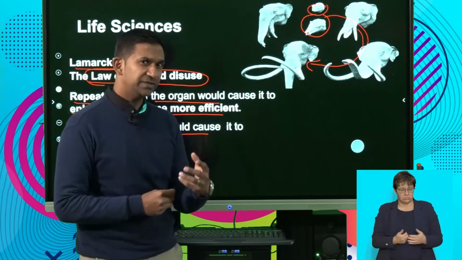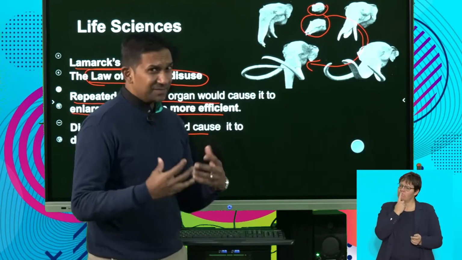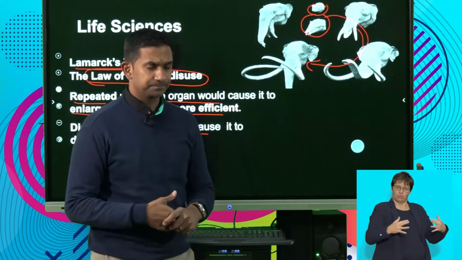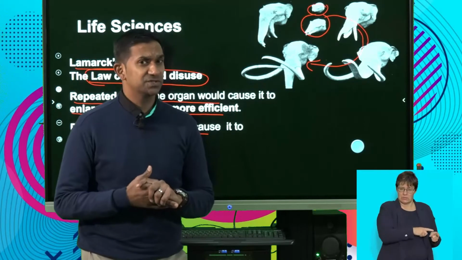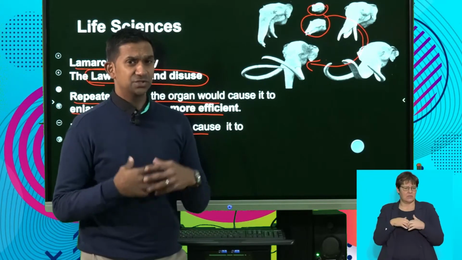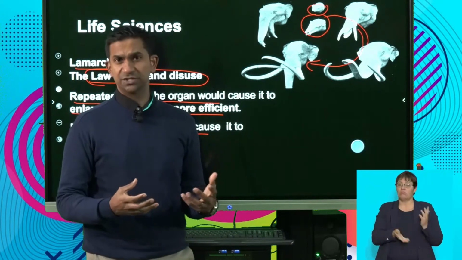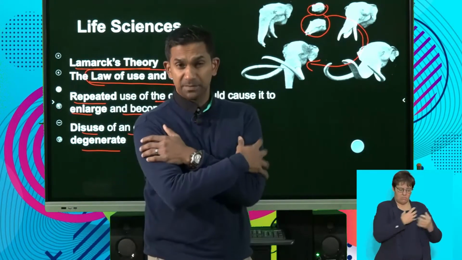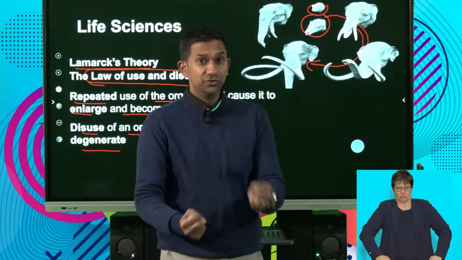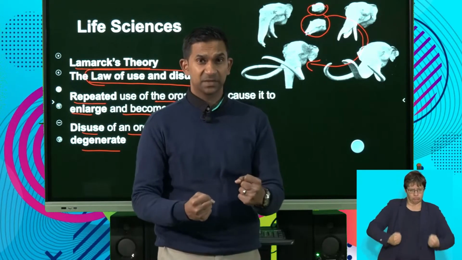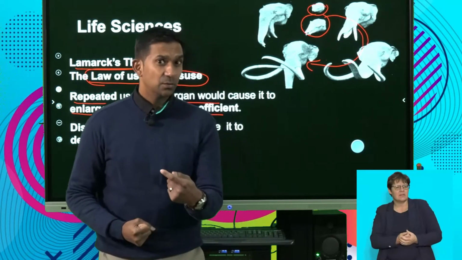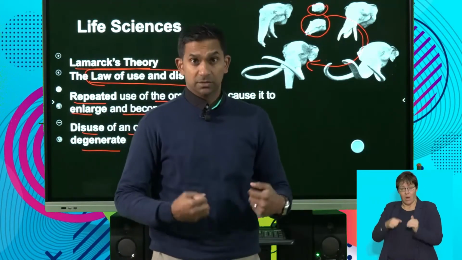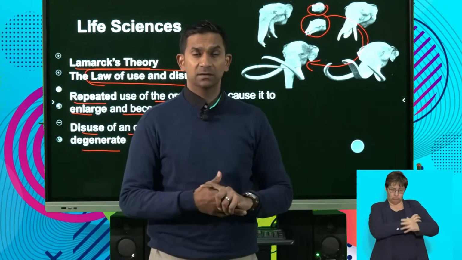And so often we think, well, it kind of makes sense that if we use something, the better it becomes. However, guys, think about those things that happen to you. If you go to gym and decide to exercise and you become really muscular because you've used your arms to exercise, does that mean that when you decide to have the next generation, they will be born strong and muscular like you are?